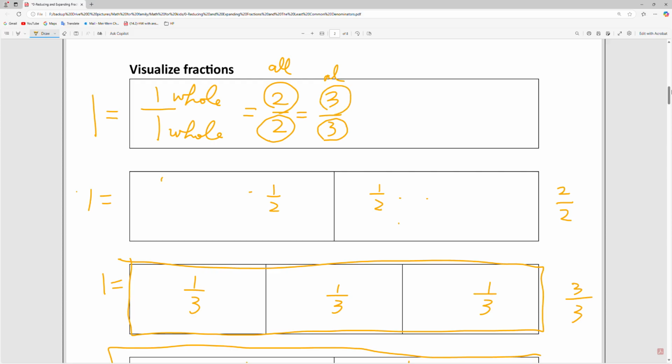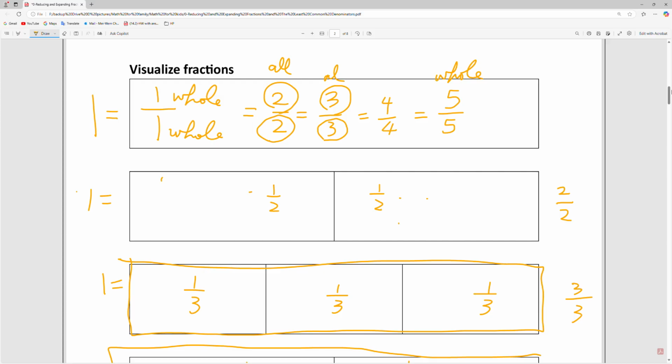So 3. So 1 over 1 equals 2 over 2 equals 3 over 3 equals 4 over 4. If you cut it into 5 pieces, you want all of them. So it will be the whole thing. So that's 1. And from this example, it's obvious. You understand?